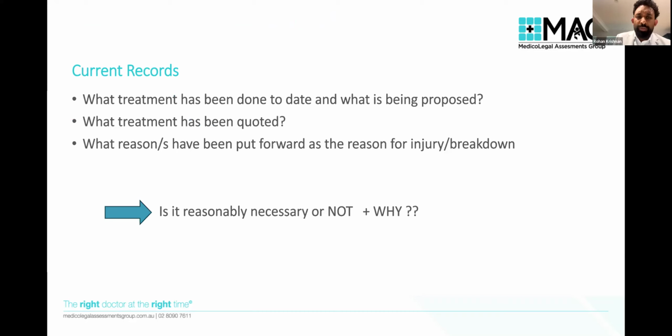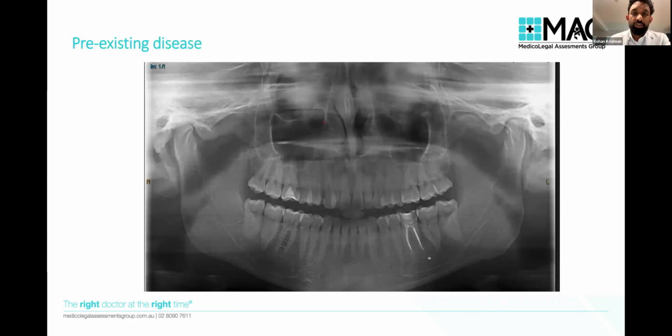So we have spoken about this, and the big question is: is it reasonably necessary or not, and why? We always give a rationale for why, and we try to do that in layman's terms, although sometimes that is difficult to do, because you can see the complexity involved in forming a diagnosis. Therefore we use pictures and radiographs, because they tell a story.